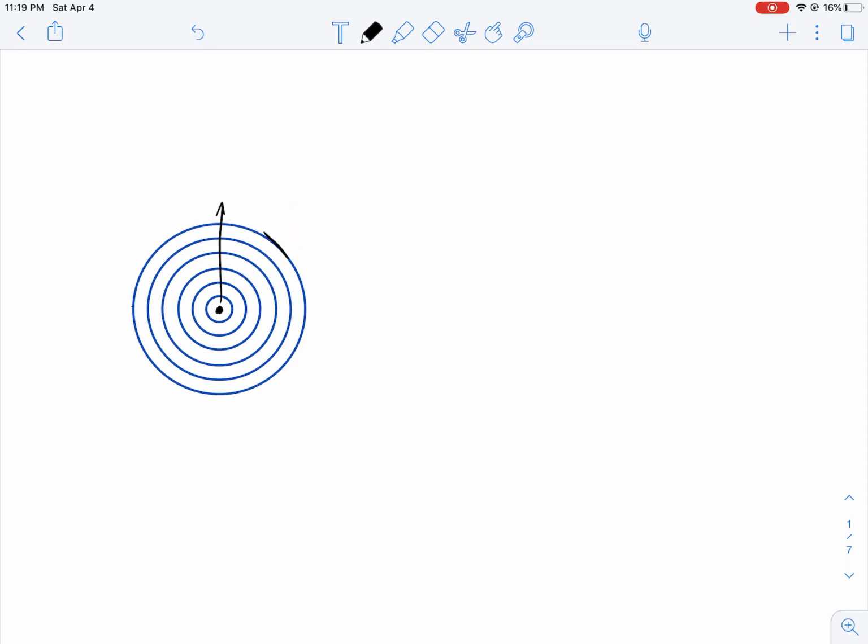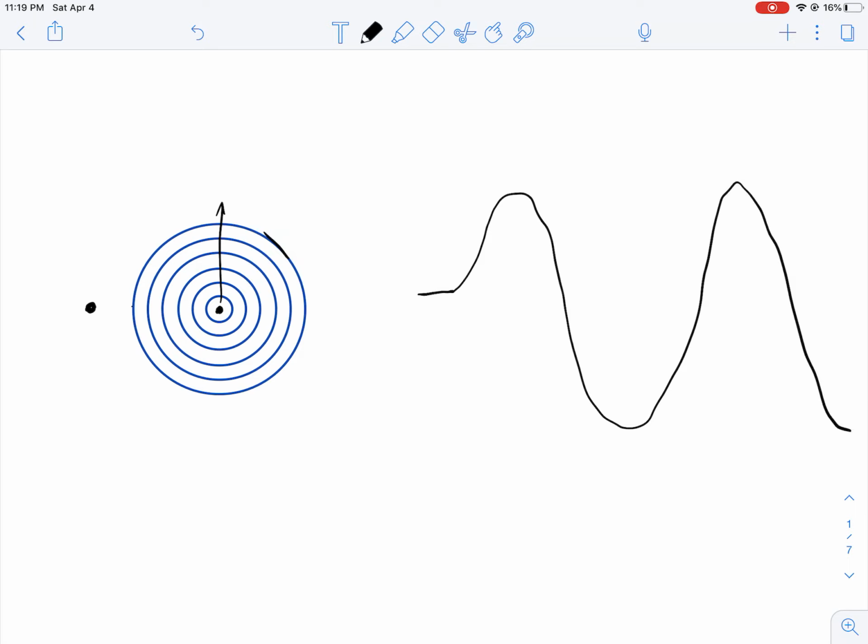So let's look at this from the side. Let's look at this from the perspective of this angle right here, but looking as if we're looking at the side of the lake and can see the water move up and down. So originally, at this point right here, the water is smooth, but as soon as that wave comes along, the water level will rise, and it'll fall. It'll rise again, and it'll fall.